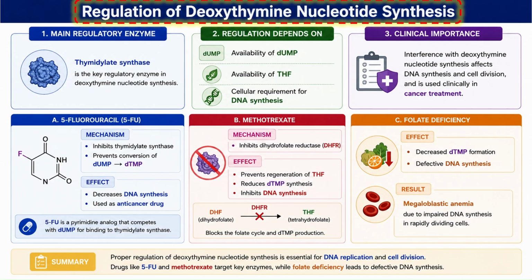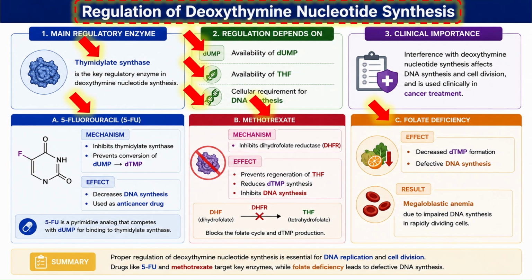Now coming to the regulation of the deoxythymine nucleotide synthesis. Thymidylate synthase is the main regulatory enzyme here. Its activity is dependent on availability of the dUMP, availability of the tetrahydrofolate, and the cellular requirement for DNA synthesis. 5-fluorouracil is the drug that inhibits the thymidylate synthase, while methotrexate inhibits the dihydrofolate reductase. And finally, there is a physiological cause like folate deficiency.